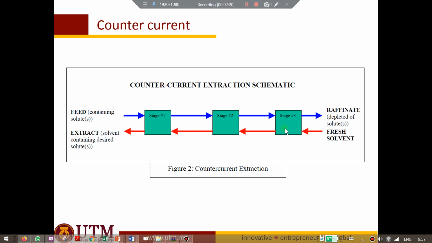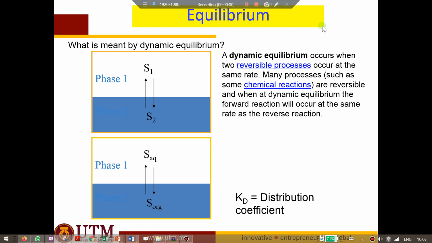Dia pergi extract kat sini, lepas tu pergi extract kat sini, dia akan continuous. Okay, kalau kita kata batch, you boleh imagine is as we divide into 3 stages. That's why I said the batch counter current LLE is not that productive compared to the continuous counter current. Alright, in the next one we will learn about the equilibrium.